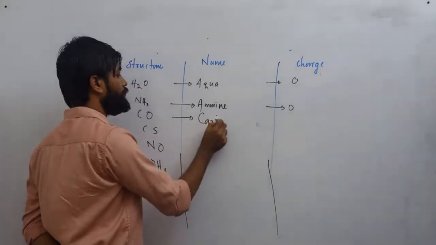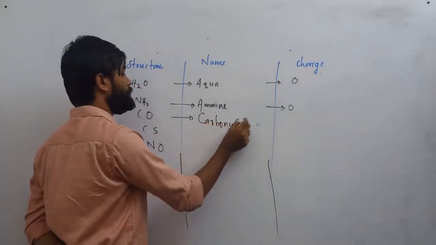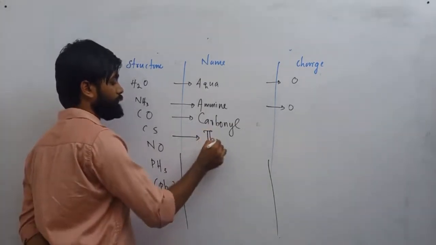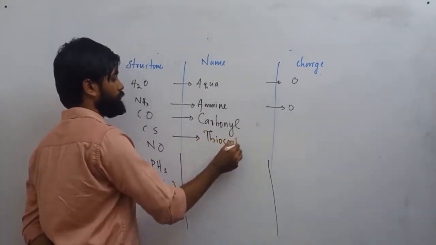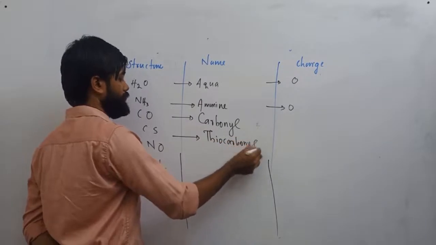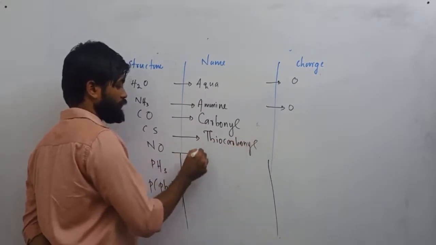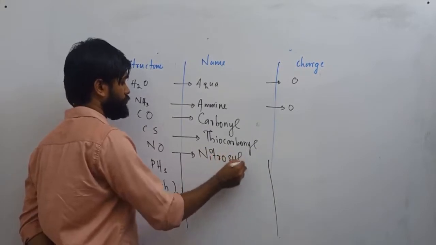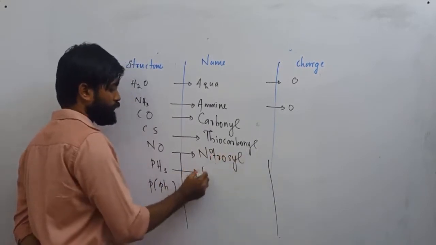CO, carbon monoxide. When it is a ligand, it is said to be carbonyl. CS, thiocarbonyl. NO, nitrosyl. PH3, phosphine.